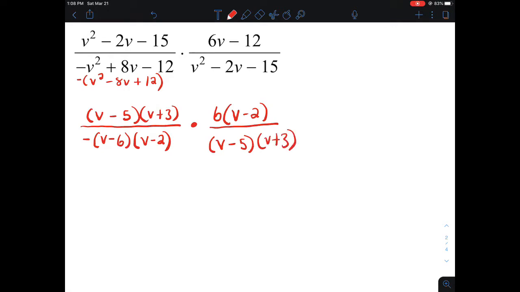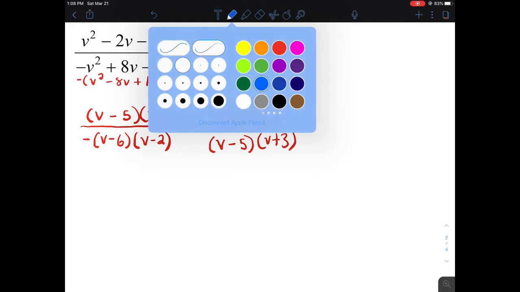Now, when I multiply fractions, I multiply straight across.